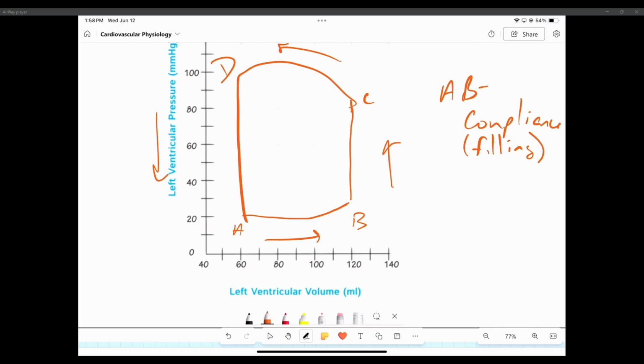So at point B, the mitral valve, is it closed or open? Let me change the color. Remember, what are we doing right now? It's isovolumic. Everything's got to be closed.